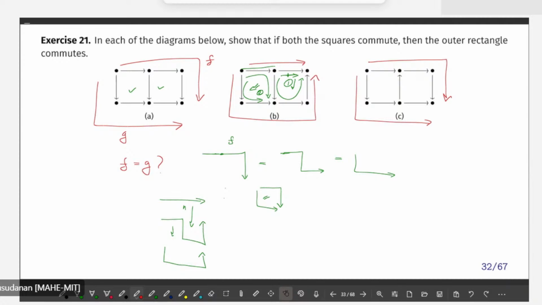Again, what can you do? First one, right side. So you mean this one, on the right side. You want to start with the left side. Okay, start with this. Then which arrow can you replace here?